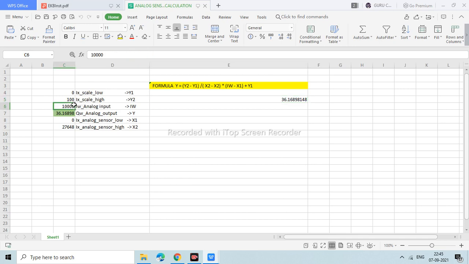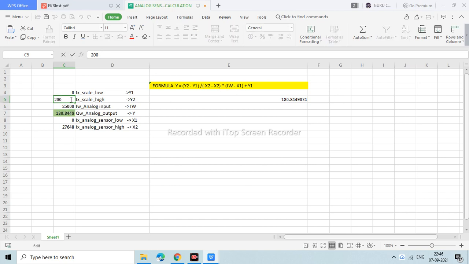Whenever I put here the maximum analog sensor value of 27648, we get 100% analog output. If I provide 25,000, then we get 90%, because we have scaled that value into 0 to 100. If I want the scale to be 200, then it becomes 180, because it is multiplied by 2.